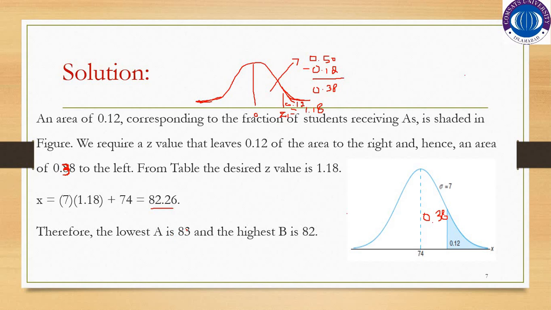The value 82.26 is the cut point: above it are the A grades and below it are the B grades.